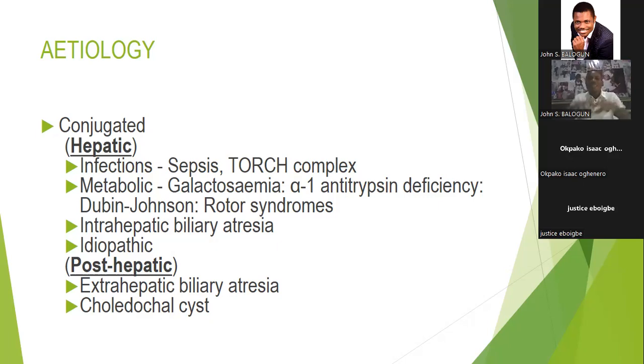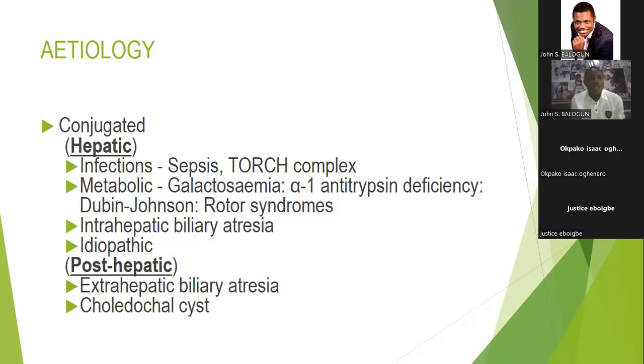Now, there could be an intrahepatic biliary atresia. For instance, after the hepatocyte has done what they needed to do, the problem now is that they cannot excrete into the canaliculi because there is atresia. So this will now accumulate in the liver, and then there is a backflow into the system.